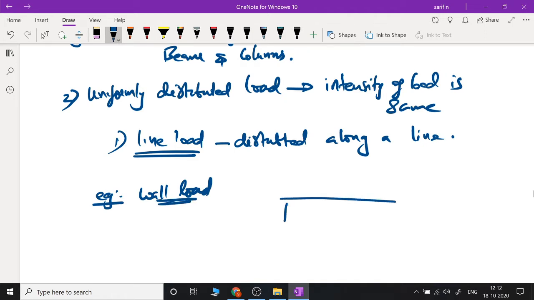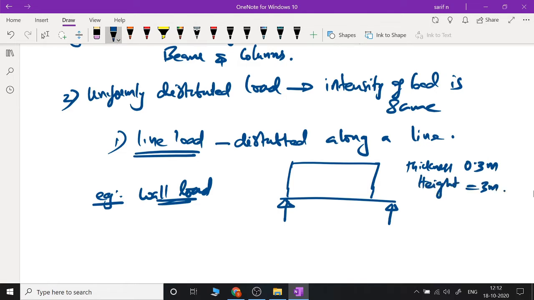Imagine that we have a beam and the beam is supporting a wall. So let the thickness of the wall be 30 centimeter and let the height of the wall be 3 meter. The unit weight of the wall is 20 kilonewton per meter cube.